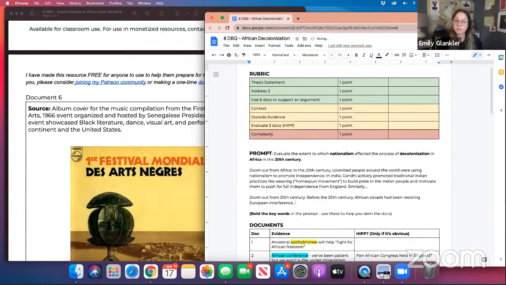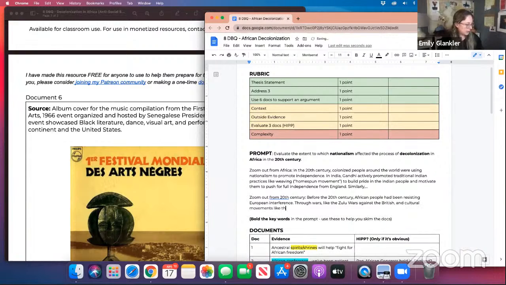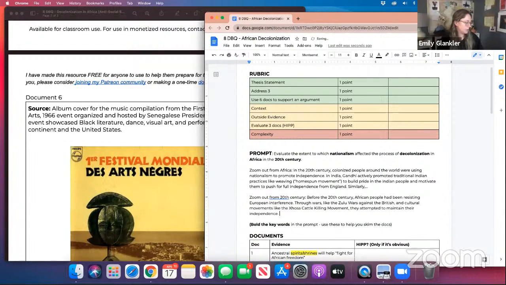I need to talk about some specifics though. Through wars like the Zulu Wars against the British and cultural movements like the Xhosa cattle killing movement, they attempted to maintain their independence.